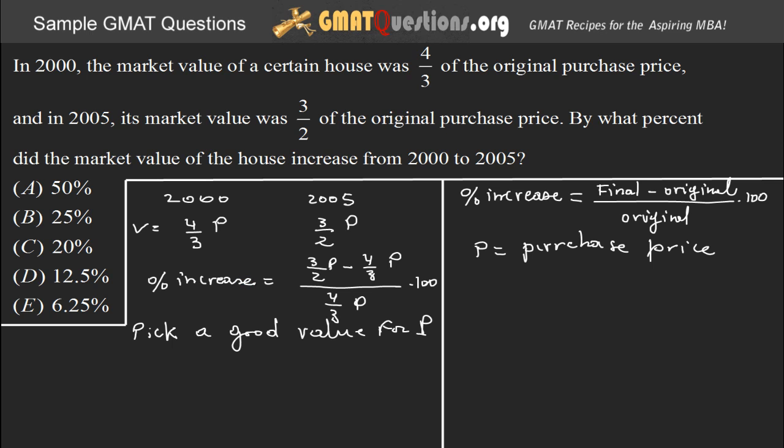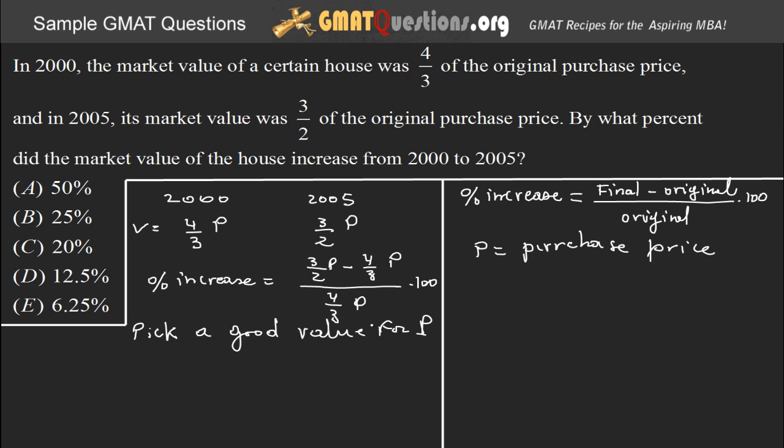P can be anything. It could be 1, 100, 1,000, 100,000. It wouldn't make a difference on the actual result. I hope you understand that, because actually P does simplify here. But again, we're going to choose a value for P because we want to speed up the solving process.